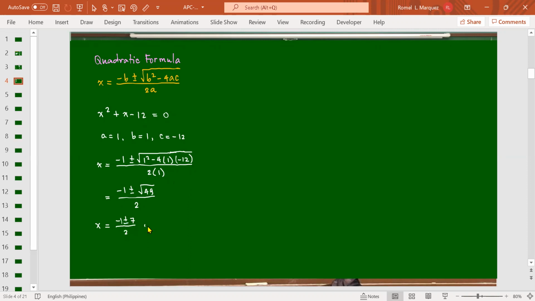So, or that is x is equal to negative 8 divided by 2, so negative 4, or x is equal to 6 divided by 2, that is 3. Okay, guys? So therefore, the solutions, or the roots, are 3 and negative 4. Okay?